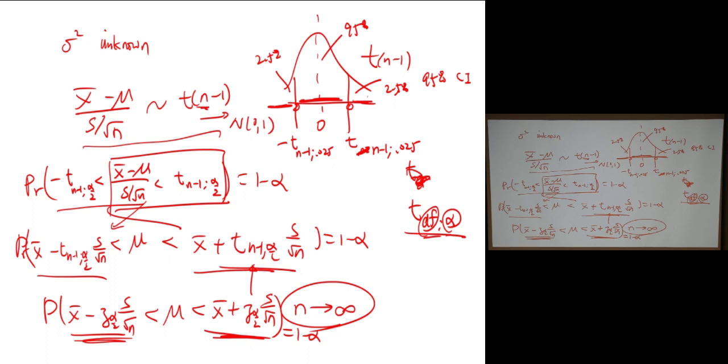Yes, only as an approximation. Why? Let's go back to the central limit theorem. The central limit theorem says that you don't know what the distribution is, but this, (x bar minus mu) over sigma over root n, is approximately standard normal.